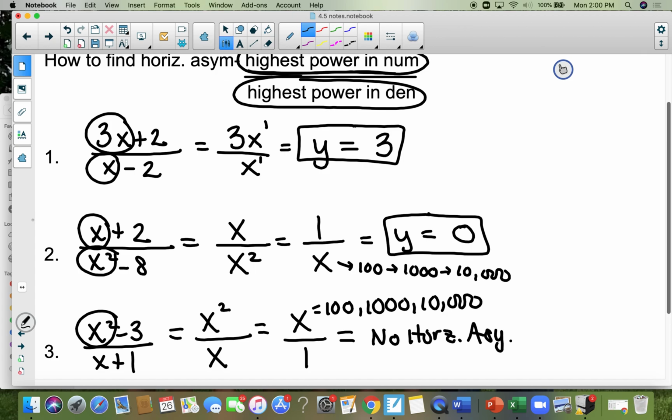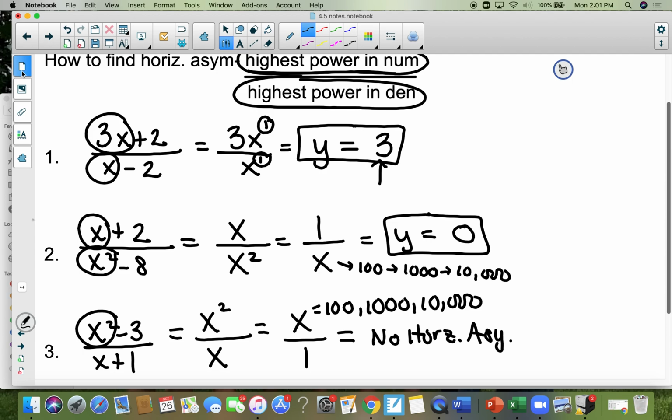So those are the 3 scenarios to find the horizontal asymptote. Either the powers are the same, and you actually get a number. The one on the bottom is bigger than the one on the top, it goes to y equals 0. Or the one on the top is bigger than the one on the bottom, no horizontal asymptote.